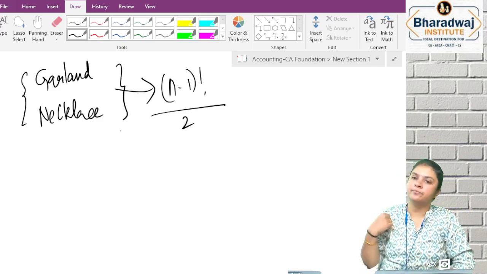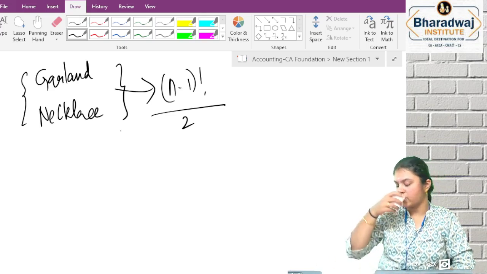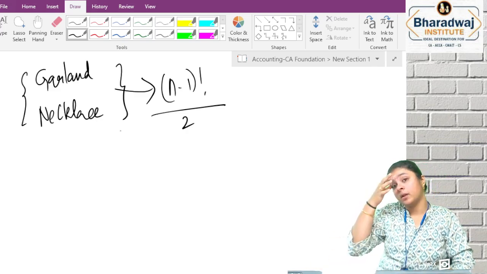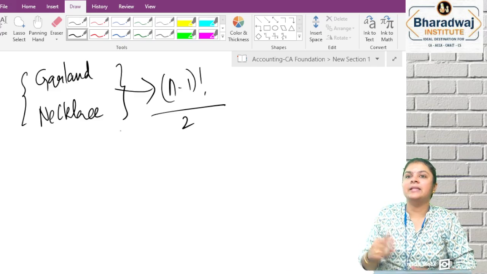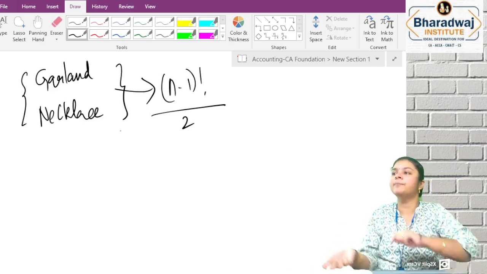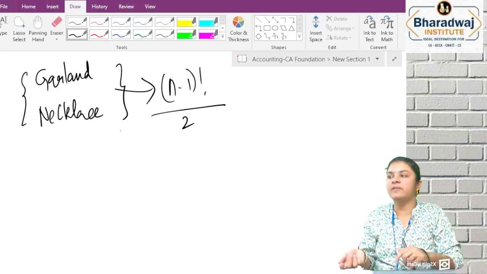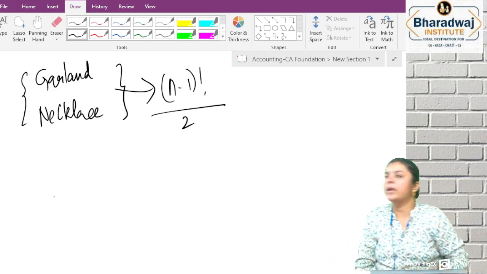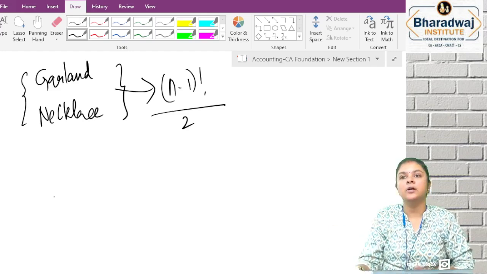Okay. So when I say garlands, beads, necklace, anything where you feel that if you put it the other way around, like a bracelet, it doesn't impact, in such scenarios you can do n minus 1 factorial divided by 2 by default. You need not worry about the question itself.